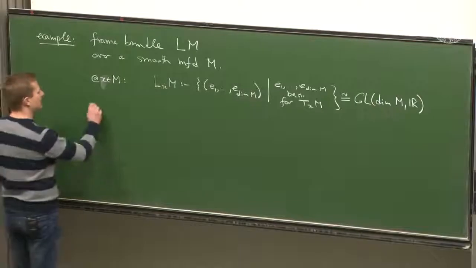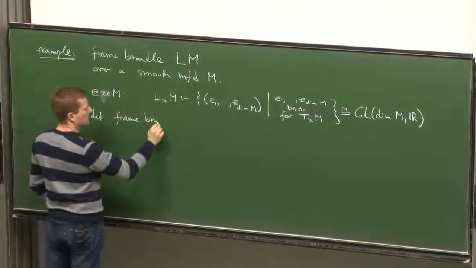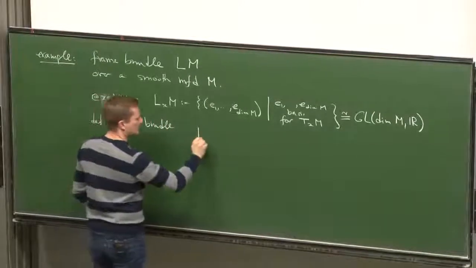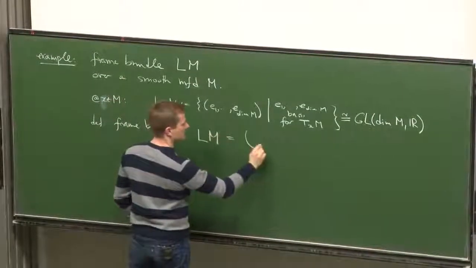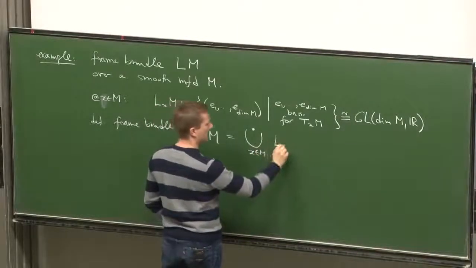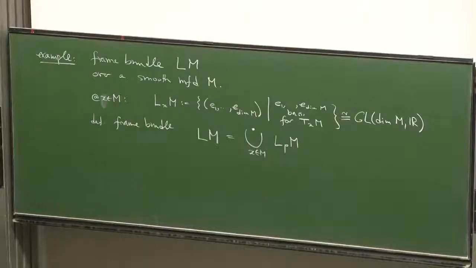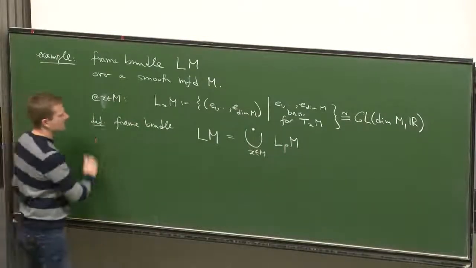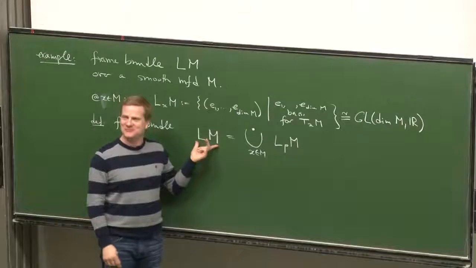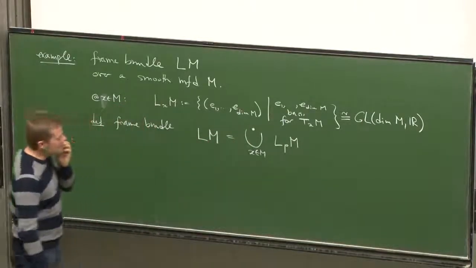But then we define the frame bundle as LM, the disjoint union over all the x's in M, of L_xM. Now let me make a comment on this, because there were some questions, I was told, about this kind of disjoint union.